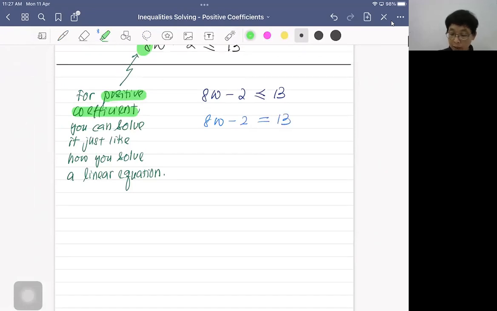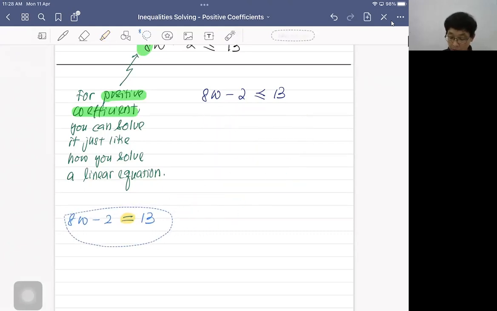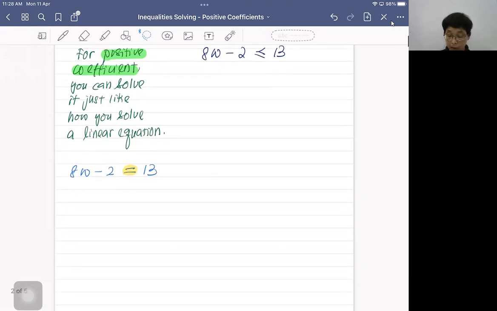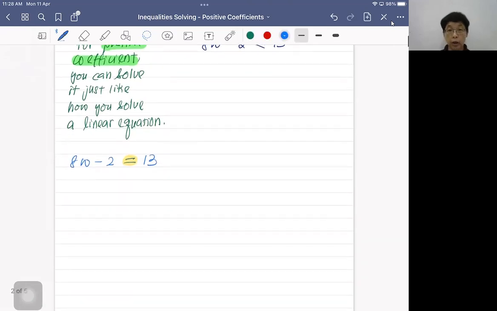In this case, you notice that this is an equation. So we do the same thing to both sides of the equal sign.